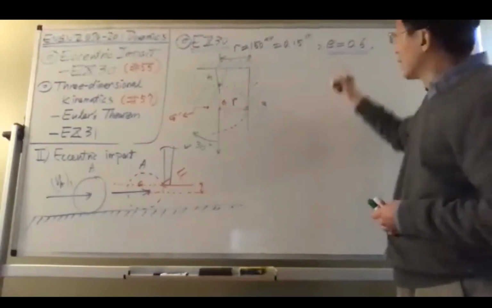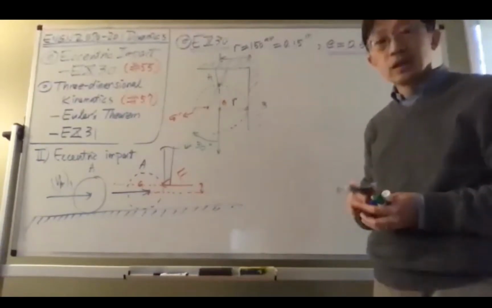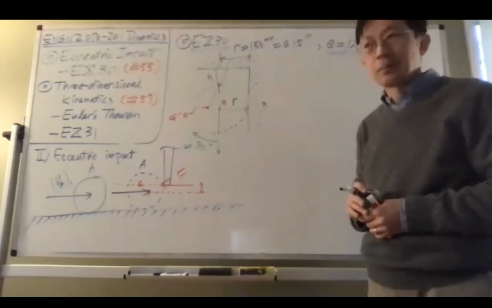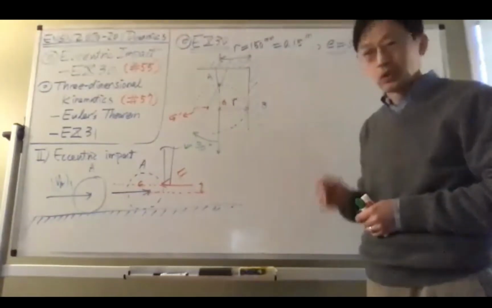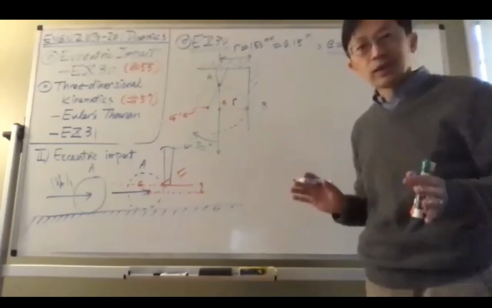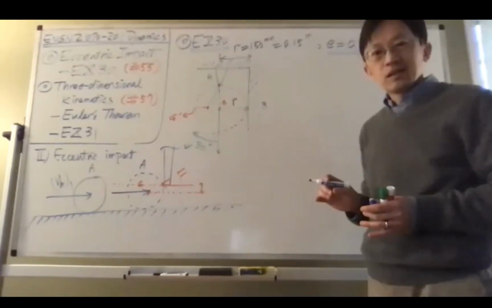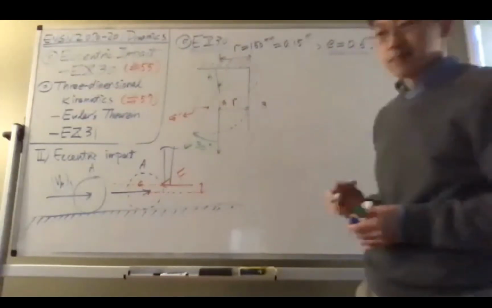And remember that this coefficient regards the interaction between two different kinds of materials. So it's not necessarily about which material is stronger than the other. We don't know that. We just know that between these two materials, this coefficient is 0.6.